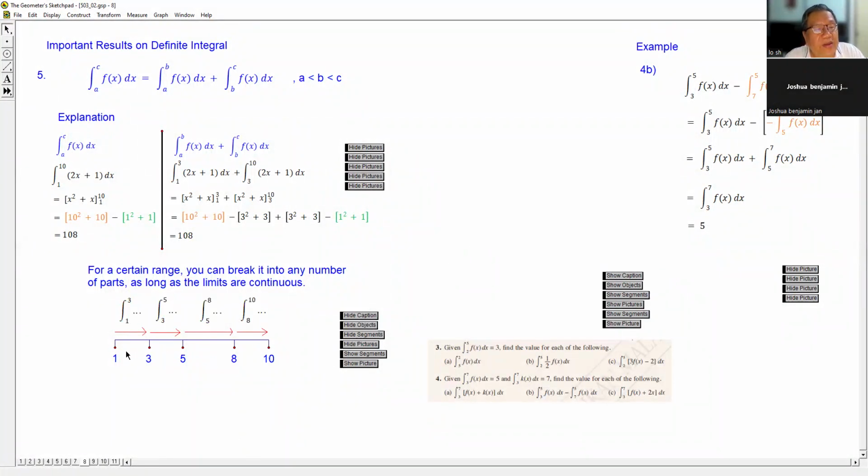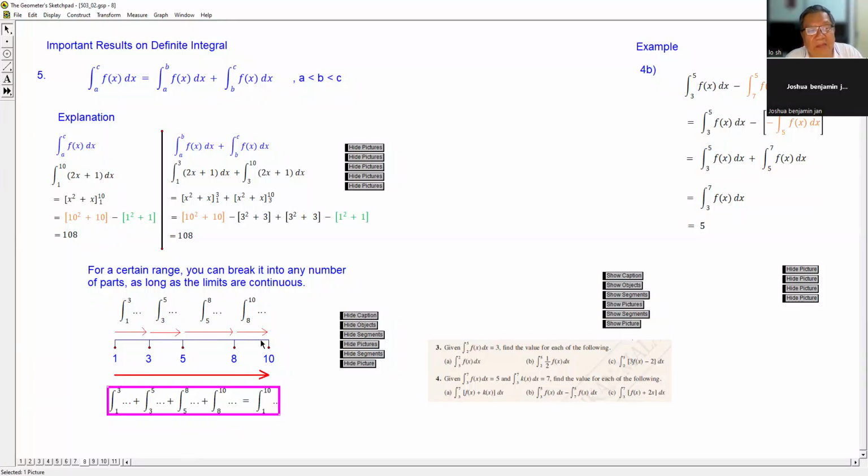So what does this mean? It means you integrate from 1 to 3, 3 to 5, 5 to 8, 8 to 10. The sum of these integrals is the same as integrating from 1 to 10.